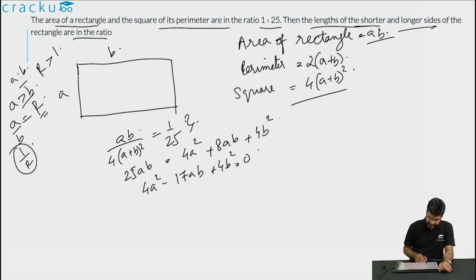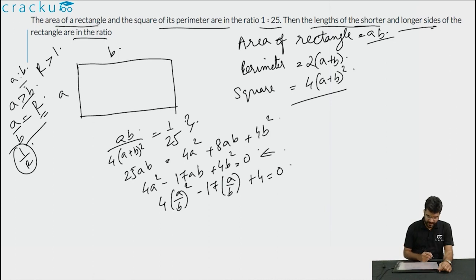We will keep that in mind while we try to simplify this equation. So we will divide this equation by B square. So it will become 4 into A by B whole square minus 17A by B plus 4 is equal to 0. Now as we have assumed that A by B is equal to R, this would equal 4R square minus 17R plus 4 is equal to 0.